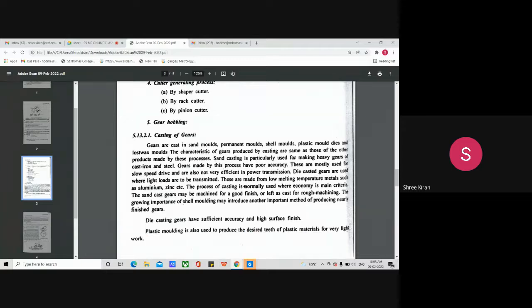The gears are casted in sand molds, permanent molds, shell molds, plastic molds, dies, and lost wax molds, etc. According to the purpose, requirement, and functionality, we choose the casting method.